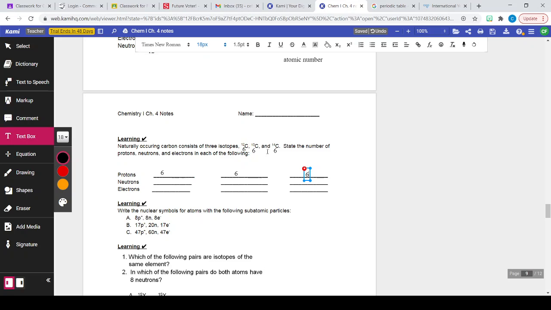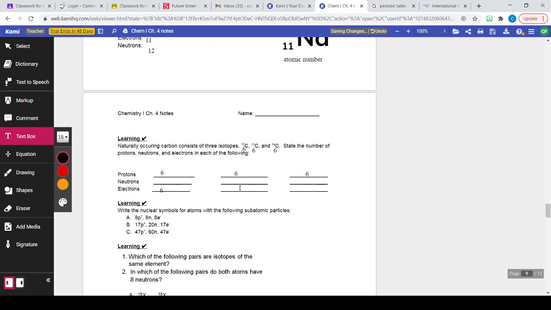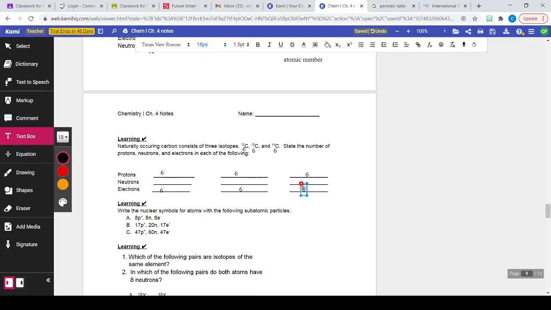If that number changes from like 6 to 7, then you're no longer carbon. That's your atomic number. So on all 3 of these carbons, if I have 6 positive protons, I am going to have 6 negative electrons, for carbon 12, carbon 13, and carbon 14.